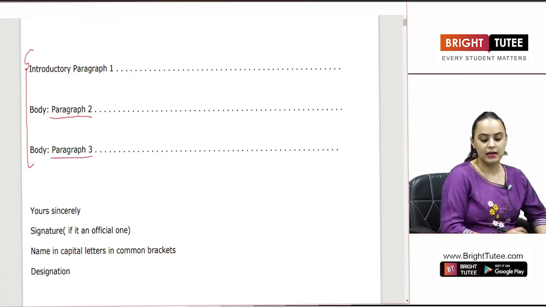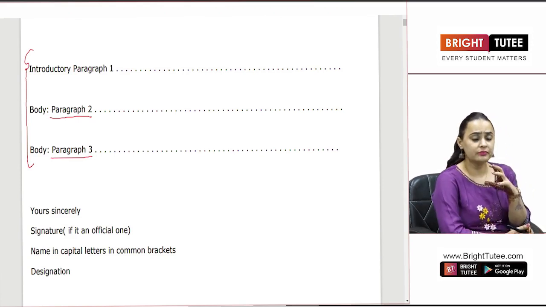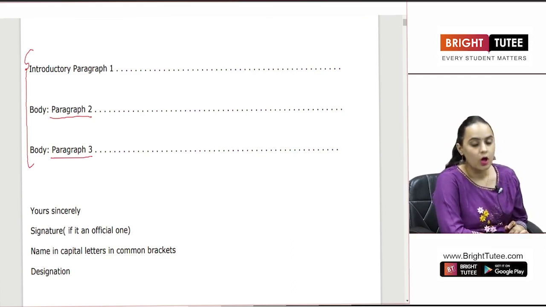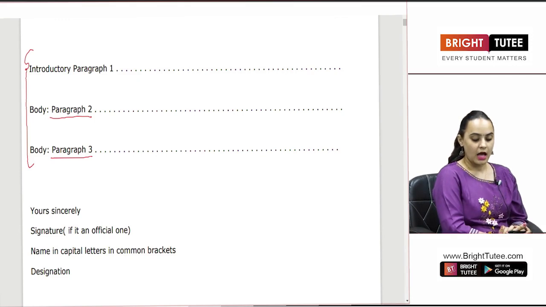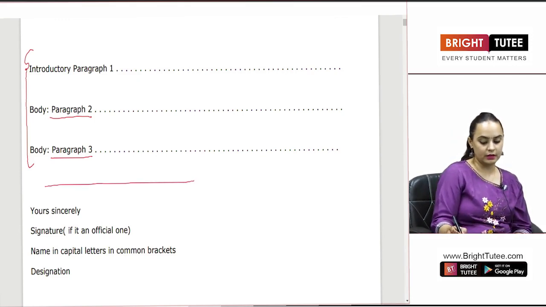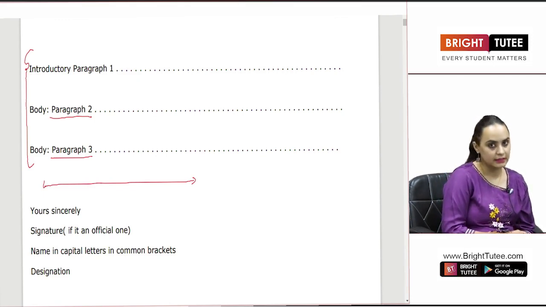And then in the last and concluding paragraph, we mention what according to you are the possible ways of solving the problem, or what you think is the reason behind something and how you feel the same can be sorted. After you have written everything you wanted, you again leave a line. We close it by writing yours sincerely.